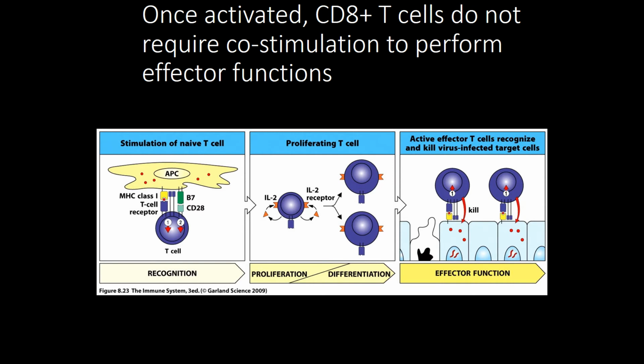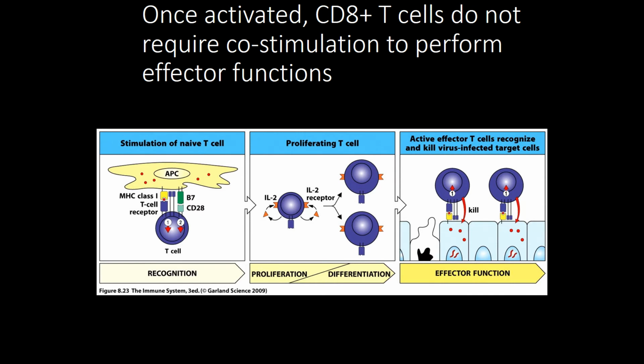And that interleukin-2 could work on other neighboring cells, as well as themselves. So it's self-stimulating, and it stimulates the cells to proliferate and to differentiate. Interleukin-2 used to be called T cell growth factor.